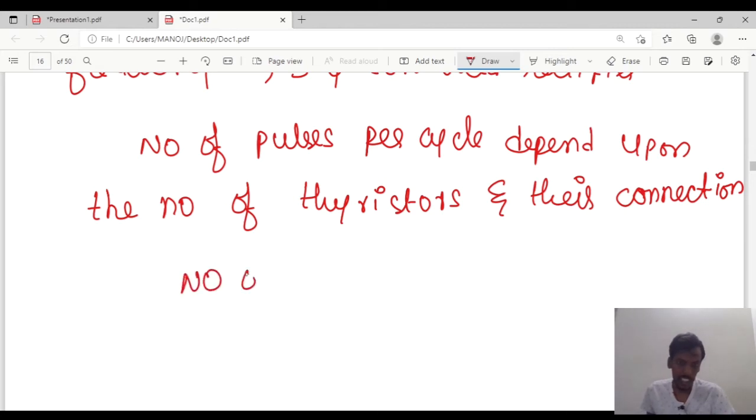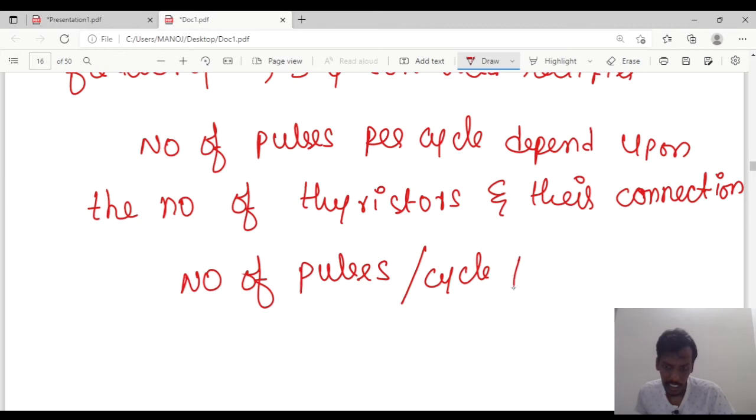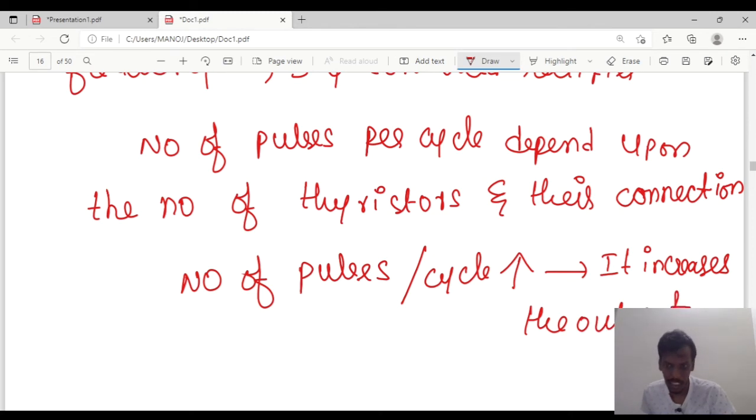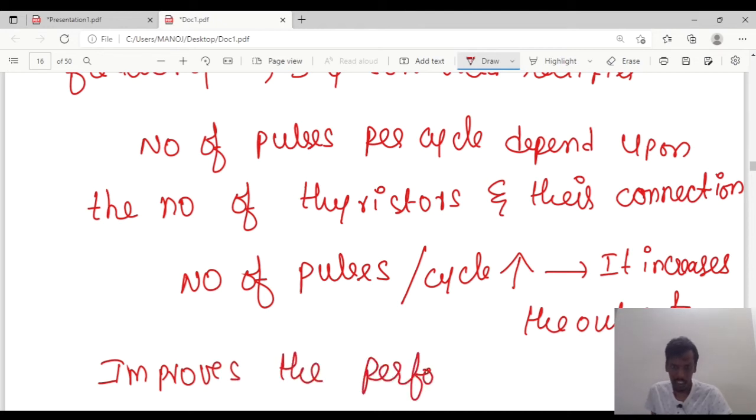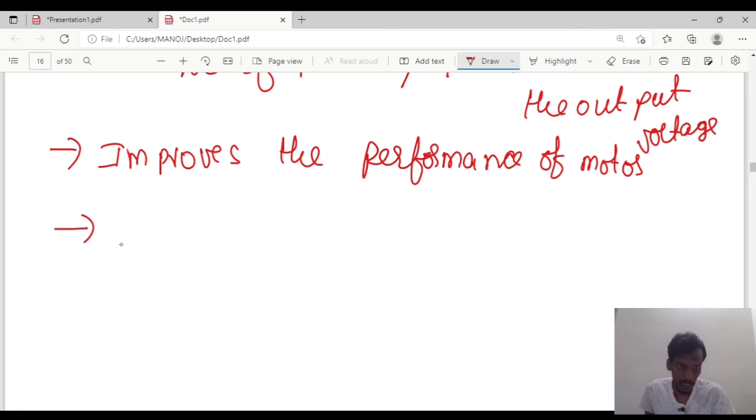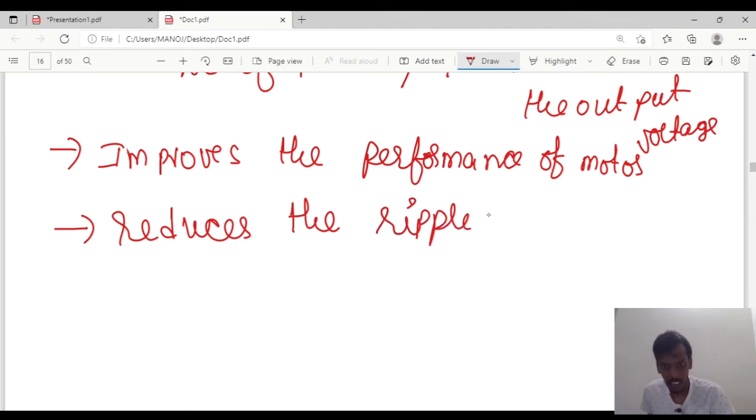So if the number of pulses is increased, it increases the output voltage, and also improves the performance of the motor, and reduces the ripple content, or we can also denote it as harmonics.